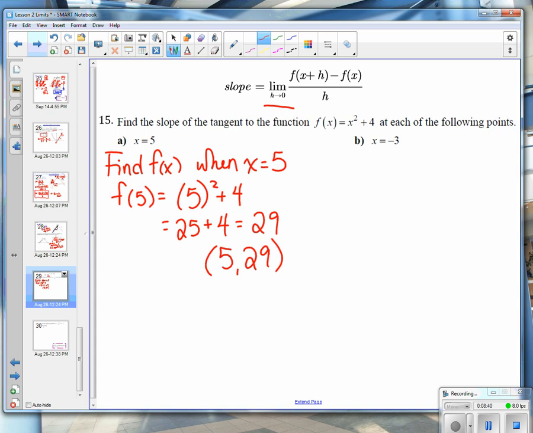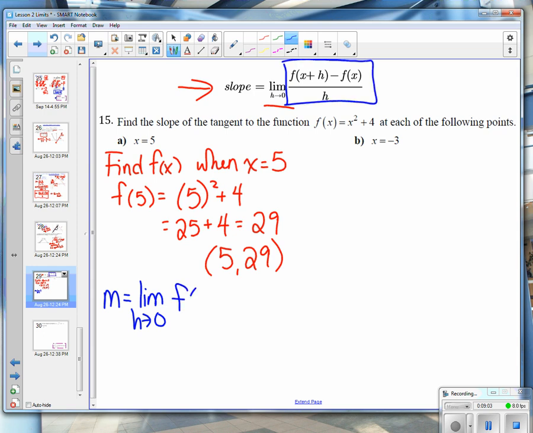Now, if I want to plug this into my formula, let's do this in a different color. I know that my slope is going to be equal to my limit as h is approaching 0, because remember, we don't want h to be equal to anything since we want to look for one specific point. And now I'm going to plug everything in.